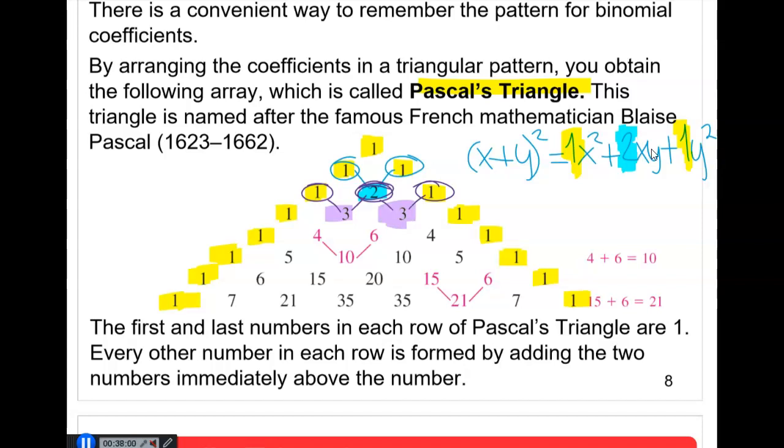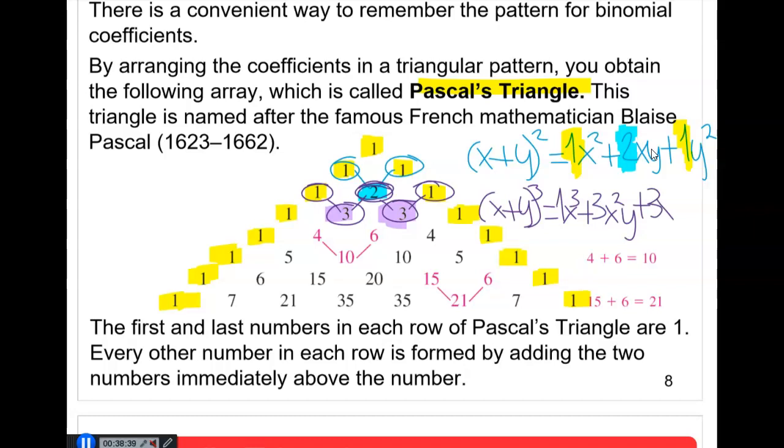So if we go back to what we did on the previous objective, x plus y to the third power was equal to 1x cubed plus 3x squared y. Remember how we decrease the power of x by 1 and then we increase y. The first one was y to the 0, so the second term will have y to the first power. Then our coefficient is also 3, just like Pascal's triangle is showing us.